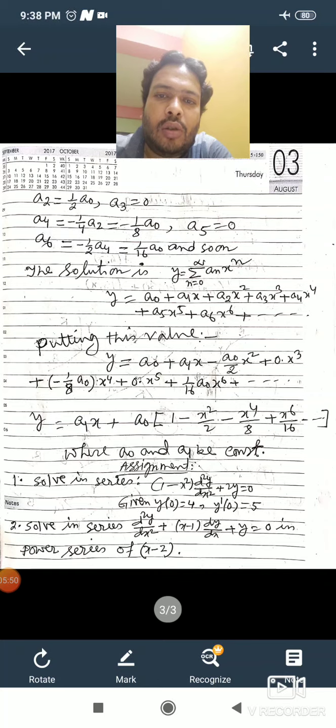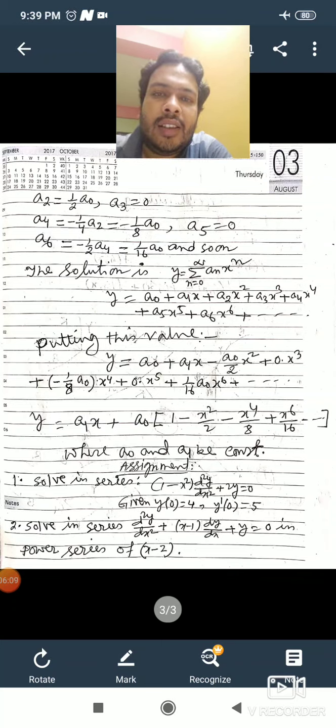So y equal to a1x plus a0 common (1 minus x square by 2 minus x to the power 4 by 8 plus x to the power 6 by 16 minus and so on). So this is the solution where a0 and a1 are constants.